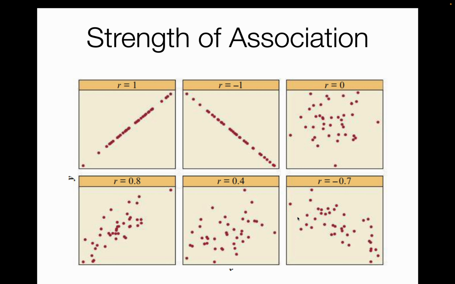Okay? And so here are some examples of what the strength of association might look like. Perfectly positive is the data literally forms a line going up and to the right. Perfectly negative is the data forms a perfect line going down and to the right. Zero is the top right picture, where there's nothing happening.